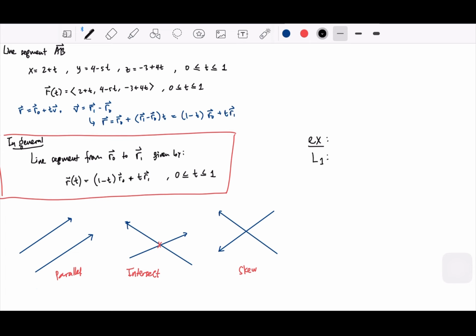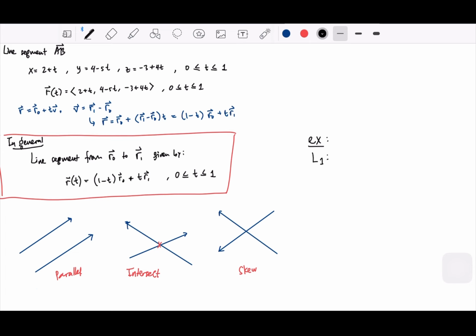From the parametric equations, if you look at the directions, V1 for L1 is 1, 3, and -1, and V2 is 2, 1, and 4.